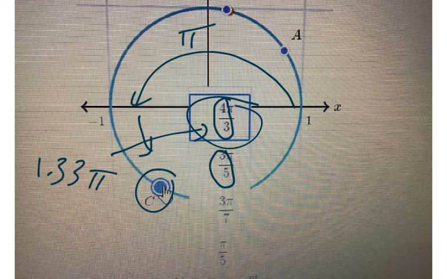A pi is a half of a circle. So again, notice on this one, I went 1 pi and a little bit more of a second pi, right? A third of another pi to get to there. Okay, that's 1.33 pi, in other words. 4/3 pi, or 4 pi over 3. So you're going to select that first choice. You're going to get it right.